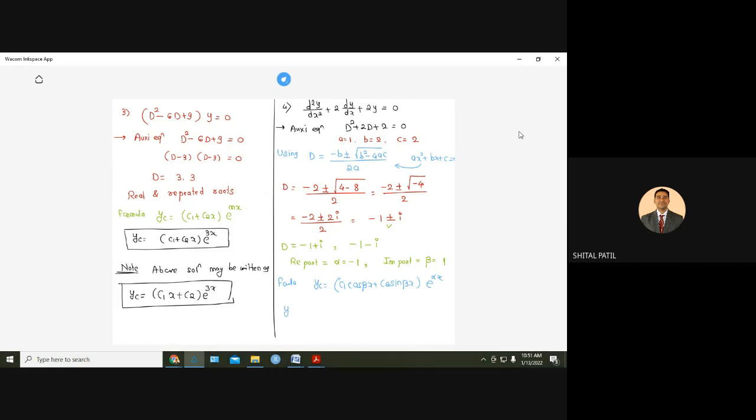So y of c equal to, the final answer is like this: C1 cos of beta x, beta is 1, so C1 cos of x plus C2 sin of x, into e raised to alpha x. Alpha is minus 1, so e raised to minus x. This is the complementary function. Are you able to find these answers?